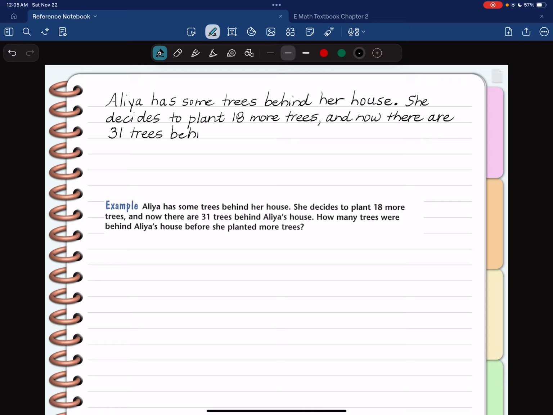She likes trees, doesn't she? End of sentence.